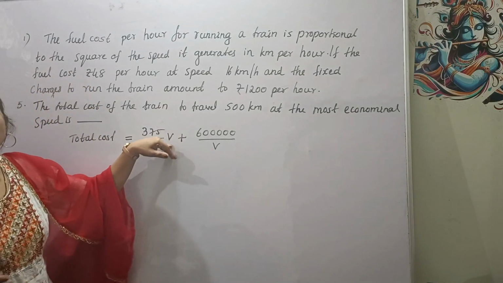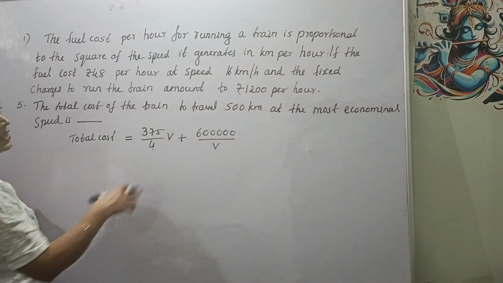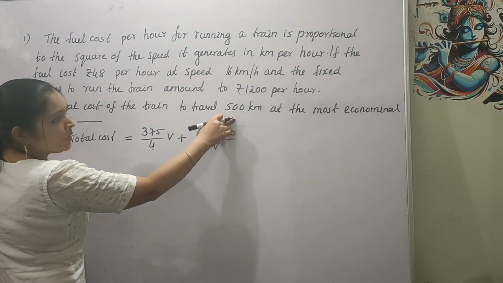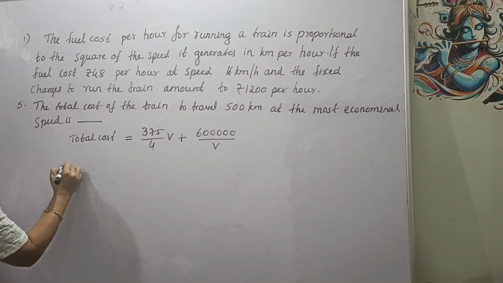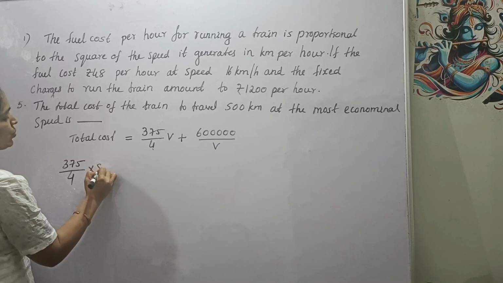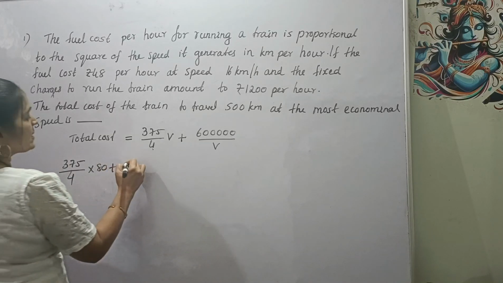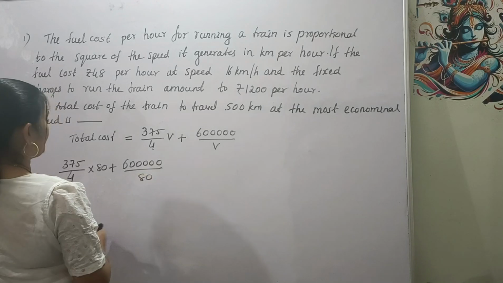Now here substitute V is equal to 80. Therefore, the total cost of the train to travel 500 km at the most economical speed is 375 divided by 4 into 80 plus 6 lakh divided by 80.